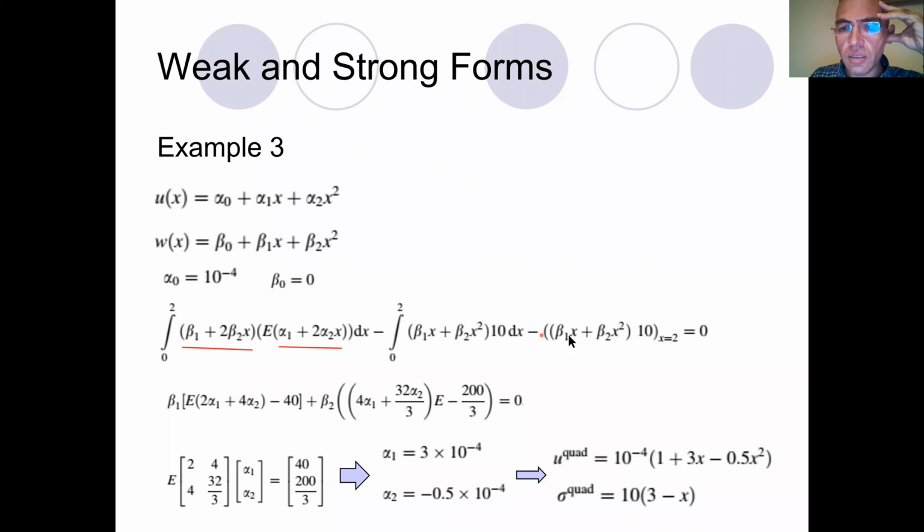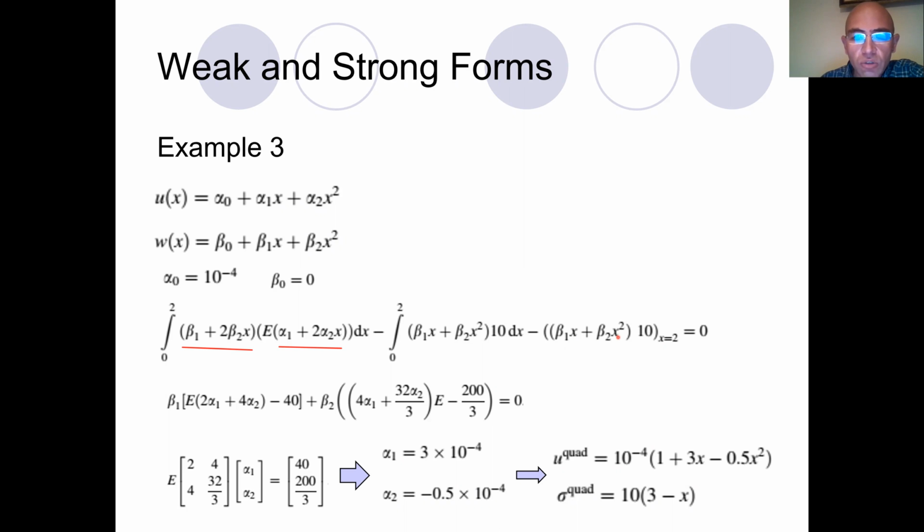So identically, I have the boundary conditions here, the traction boundary condition. It is beta 1x plus beta 2x squared multiplied by 10 at x is equal to 2. So I replace 2 in place of x in this equation.